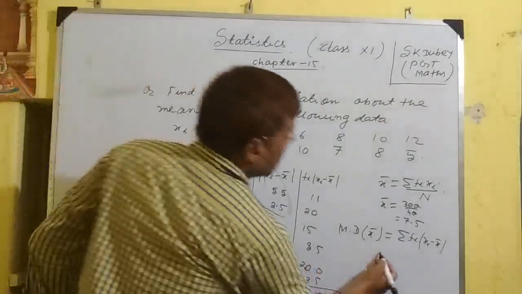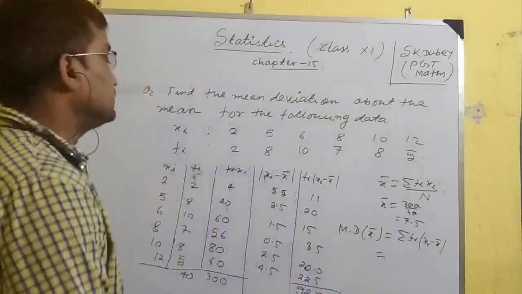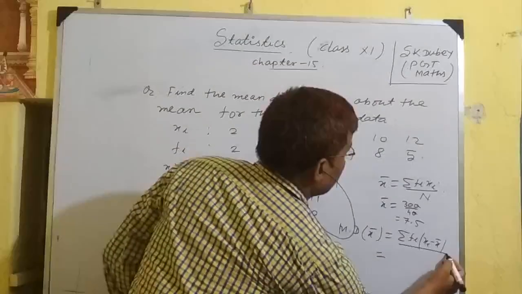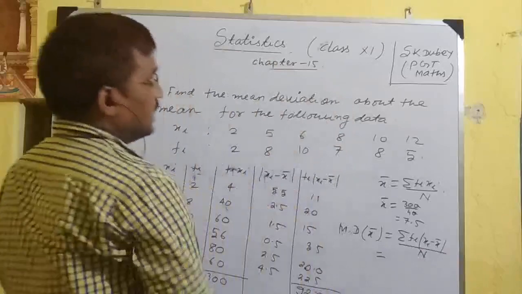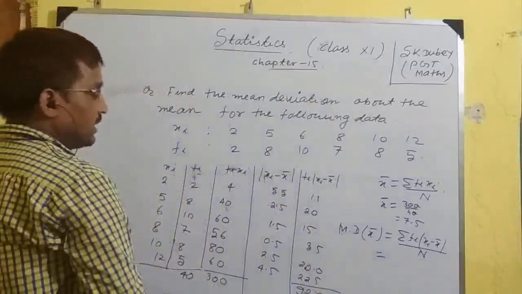Now the mean deviation about the mean: the formula is the summation of fi times the modulus of xi minus x bar, divided by n.